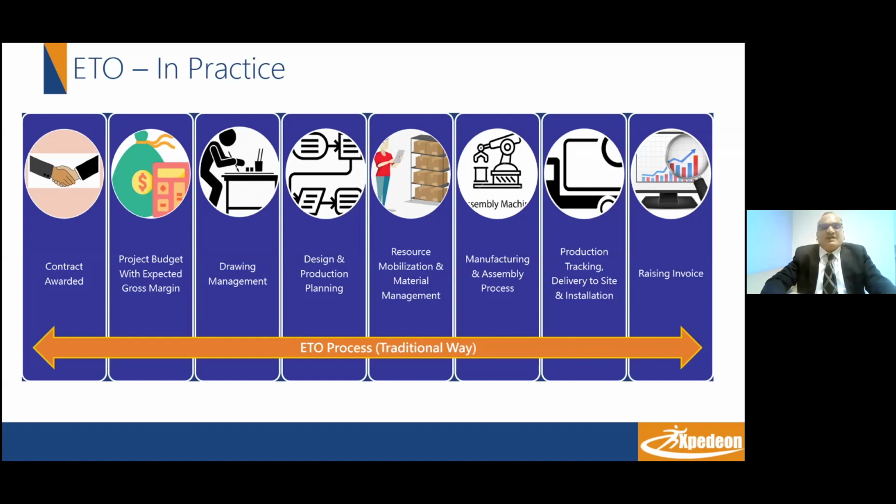Then comes the manufacturing and assembly process to produce the item, tracking of production, ensuring that the item is produced as DTS, or delivery to site, items, its finishing, packaging, and installation at the client site. And finally, when it is delivered, raising the bill against that. The entire ETO project cycle goes in this line in a nutshell.